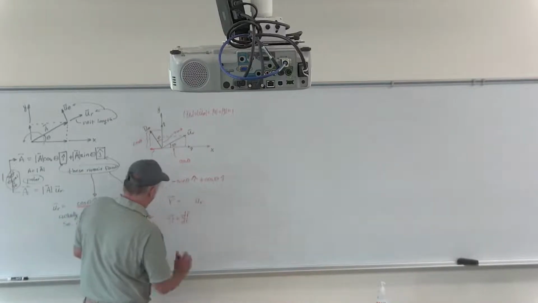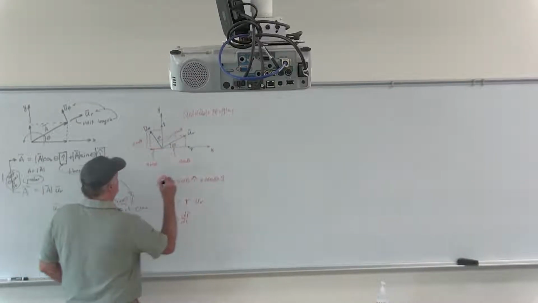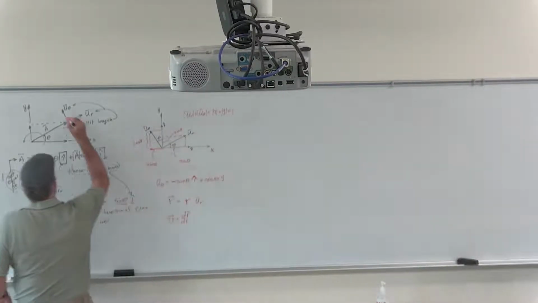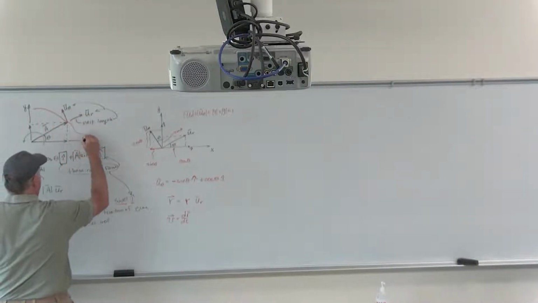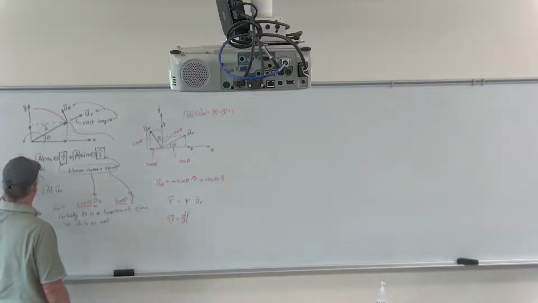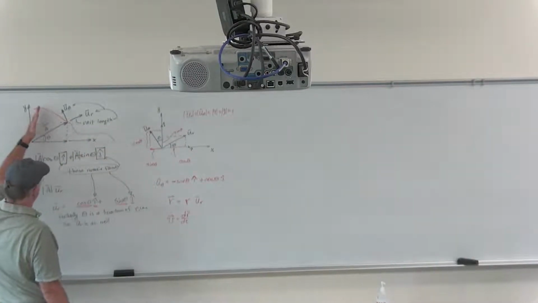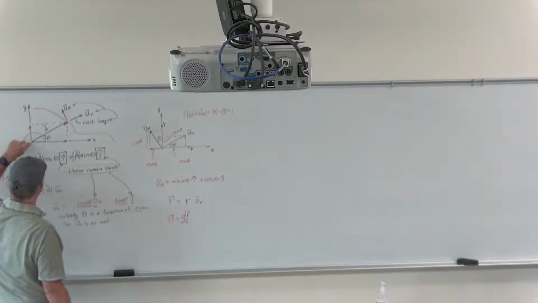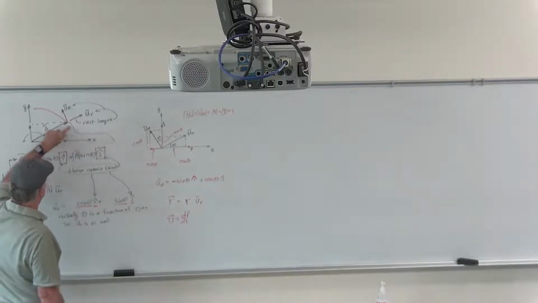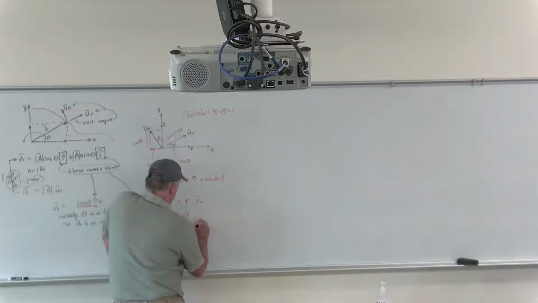So let's just say I'm going to have a position vector, and maybe this is the particle. Maybe it's doing something like that. So it could change its distance. You draw a vector, you change its distance. So the distance from here to here is different than the distance from here to here, all along that path. So it can change.